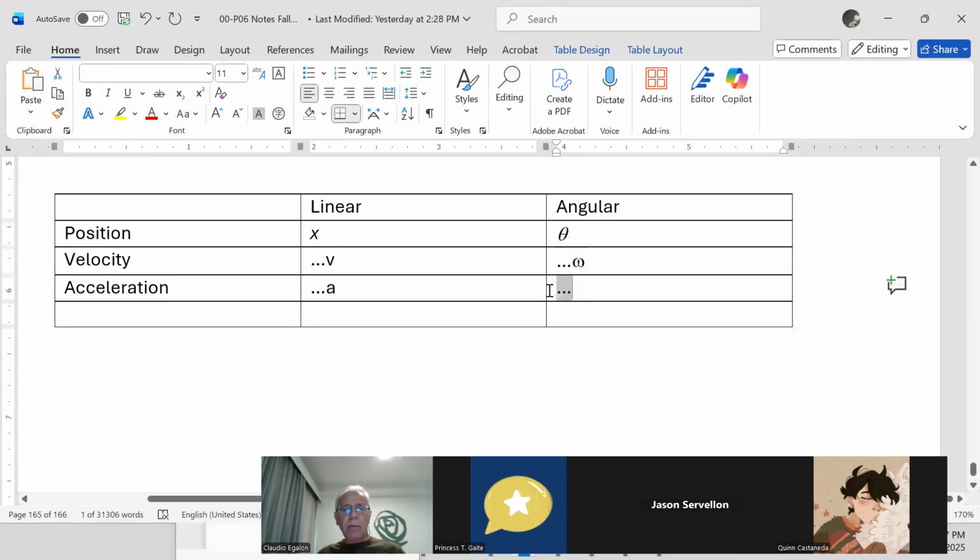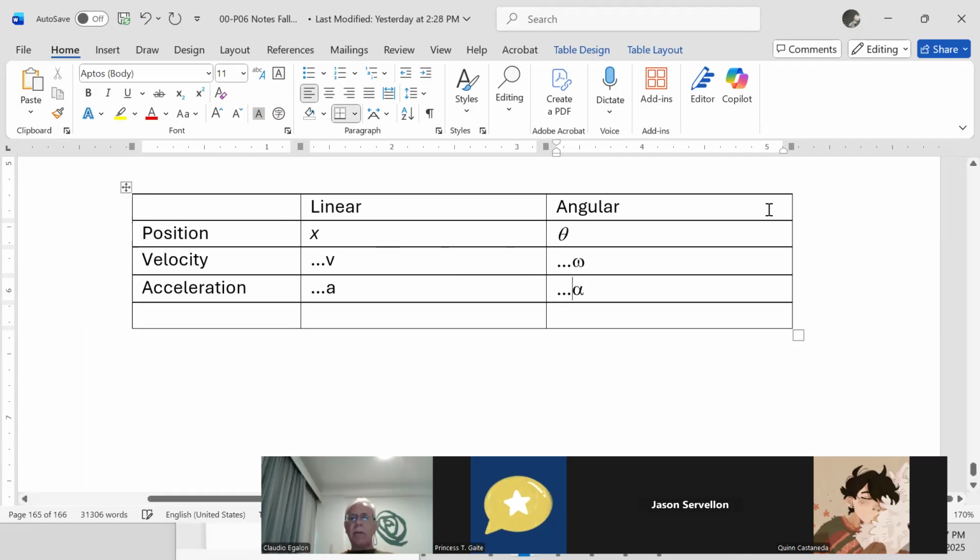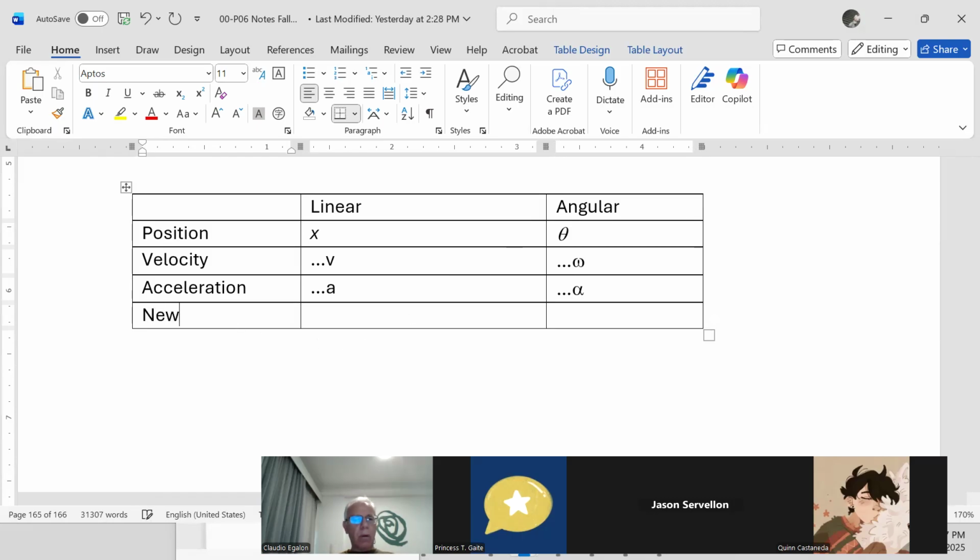I'm putting those dots because I don't want the software to change the lowercase letter to an uppercase letter, okay? And then we have one more here, Newton's first law.